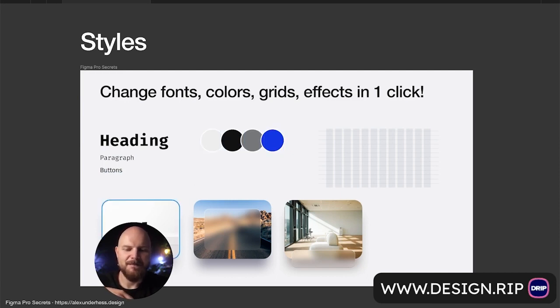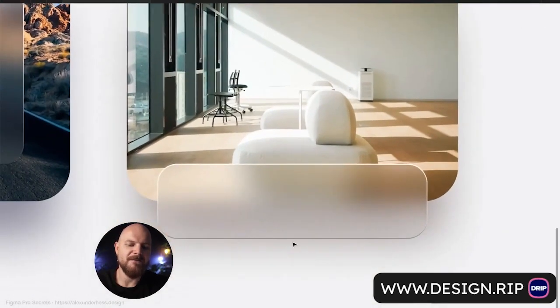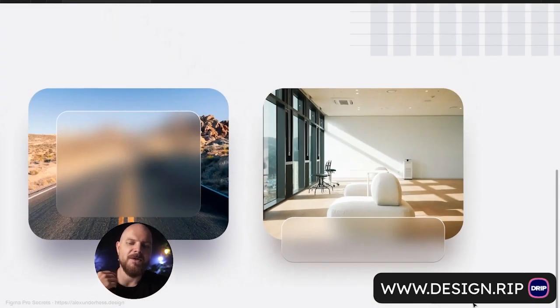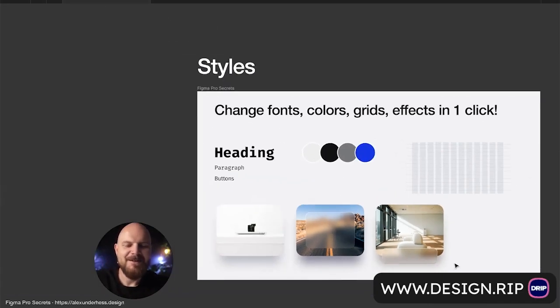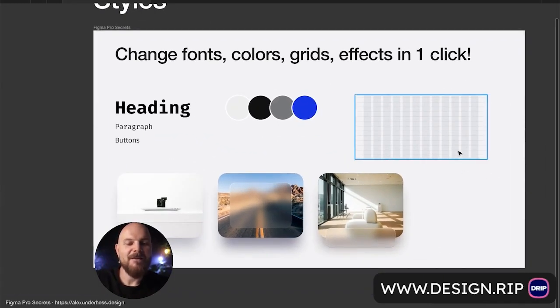Then we have some drop shadow here, and a drop shadow for this element, but for this element we have a glass effect. And here we have a glass effect similar to this one, but now it also has a shadow below it, because we have the white background here, and without the shadow it will not look as cool as with it. And we also have the grid here.